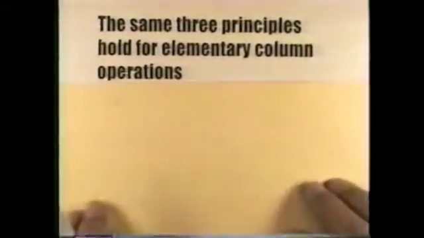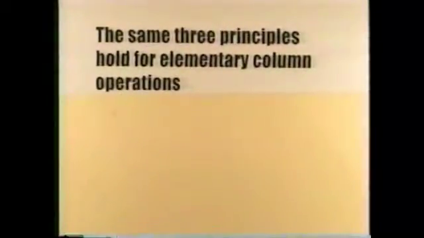Now I only gave you the principles for elementary row operations, but the same 3 principles hold for elementary column operations. If I interchange 2 columns of a matrix, then I would reverse the signs of their determinants.